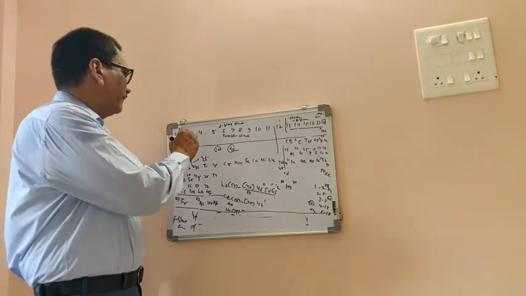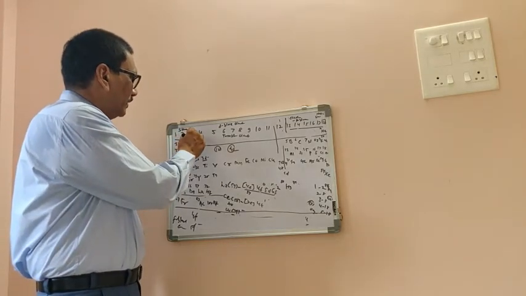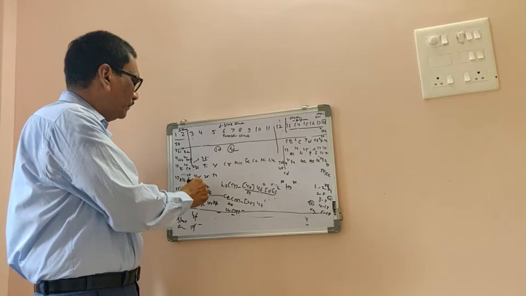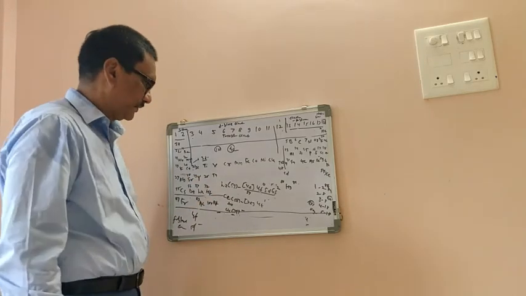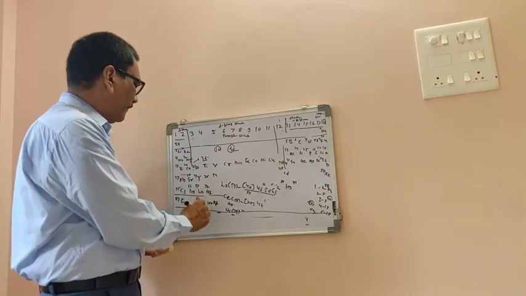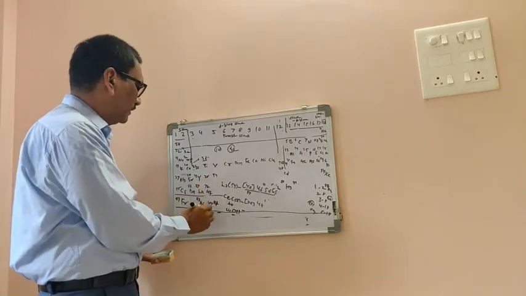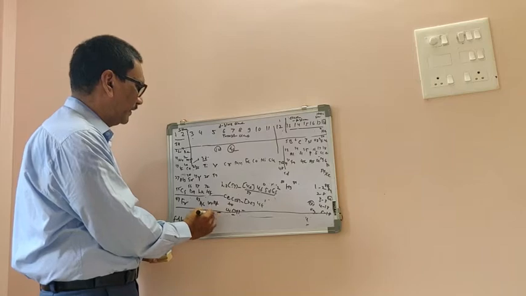So, if you see here, exactly below group 3, the number is lanthanum 57, and after lanthanum, here we are starting the 58.